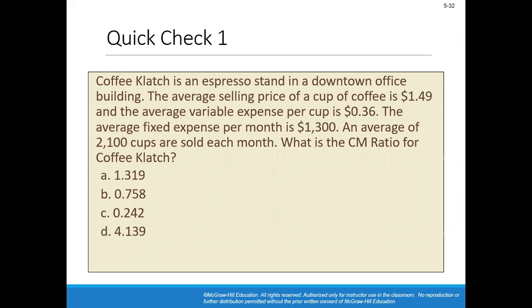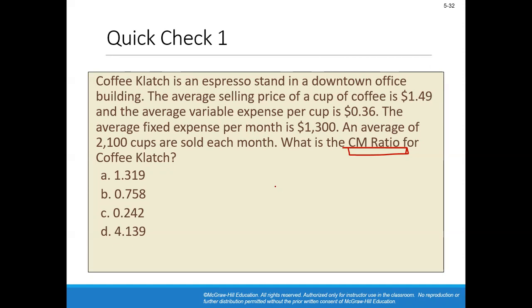What is the contribution margin ratio for Coffee Clutch? Do not take your calculator. Let me help you. How can you approximate? We need either the per unit selling price and per unit variable expense, or the total sales and total variable expenses. As long as per unit figures are given, we do not need the totals.